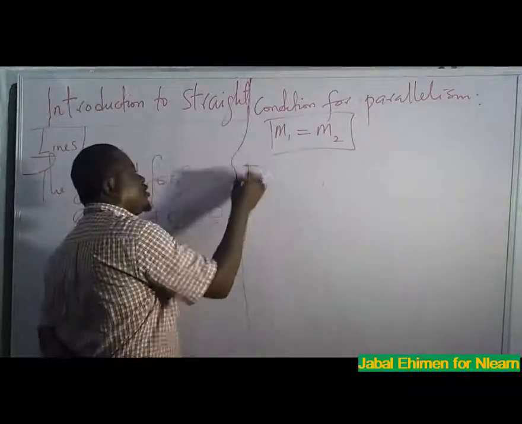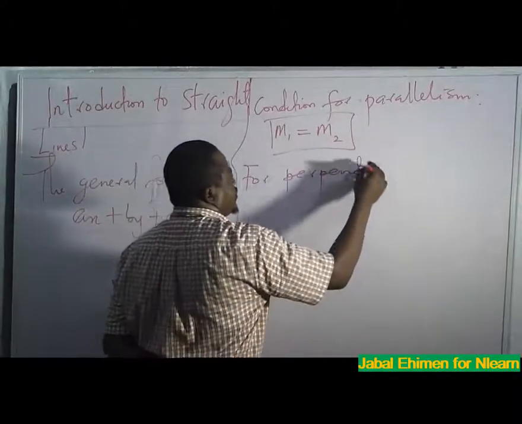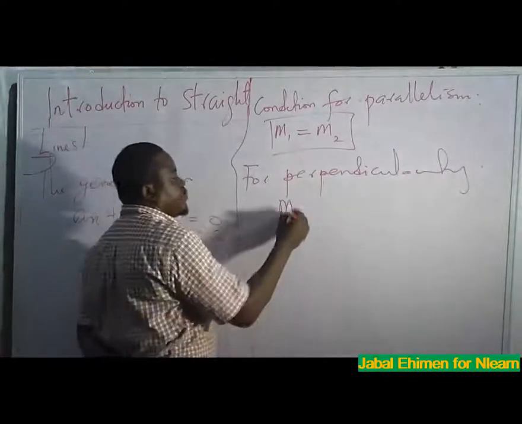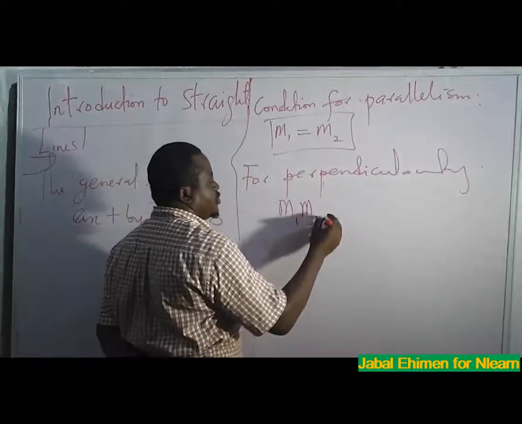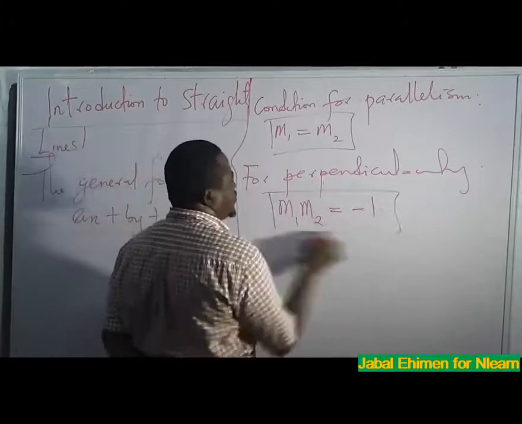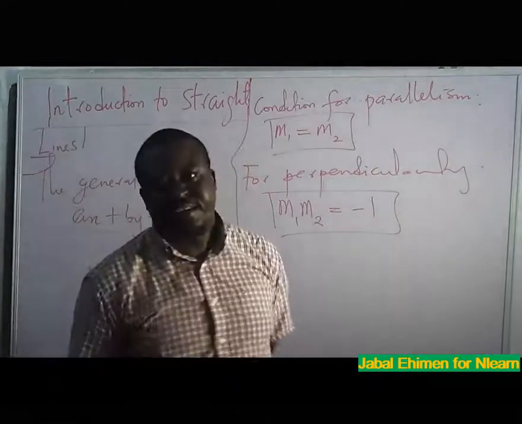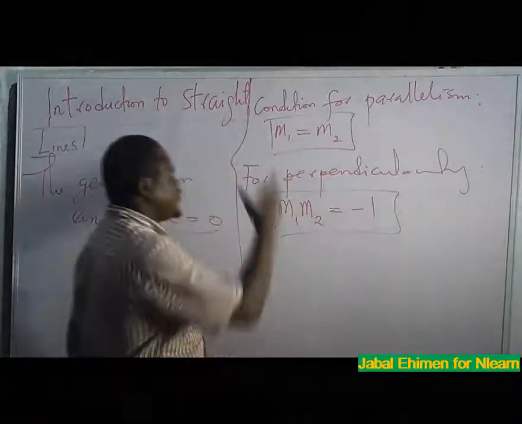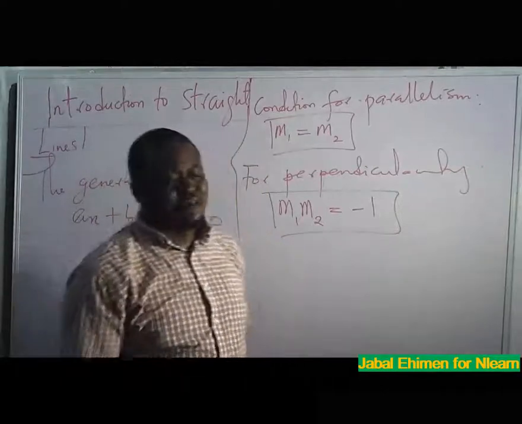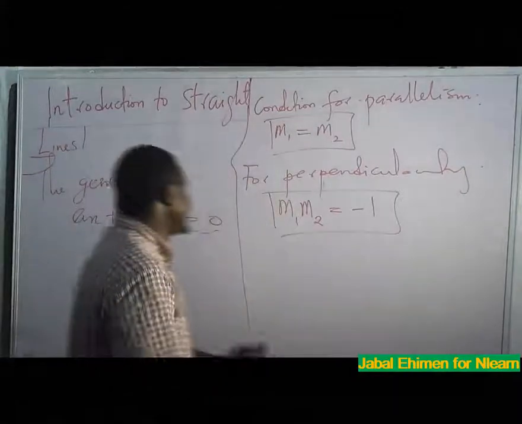But for perpendicularity, it's a different thing. M1 times M2 is equal to minus 1. Please note, M1 M2 equals minus 1. So when they tell you the lines are perpendicular, this is the condition, and that's the condition for parallelism.